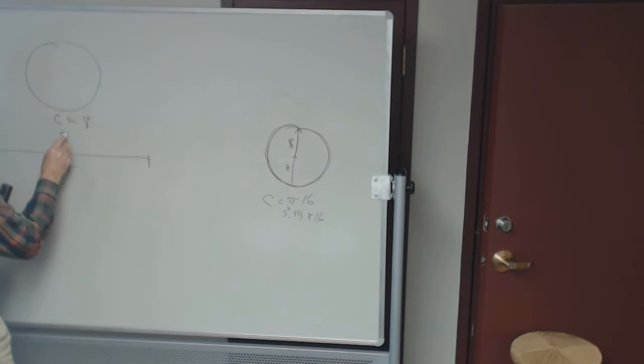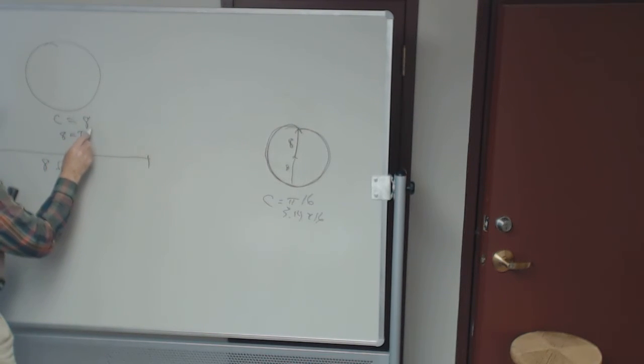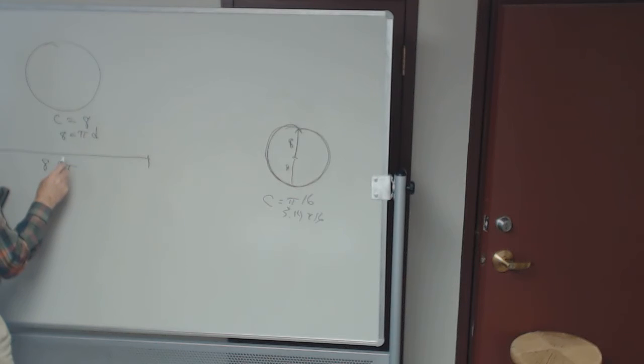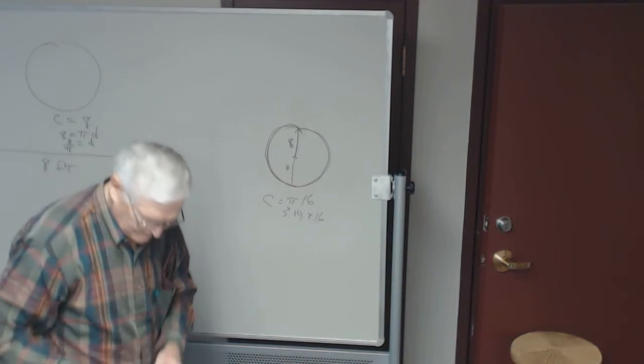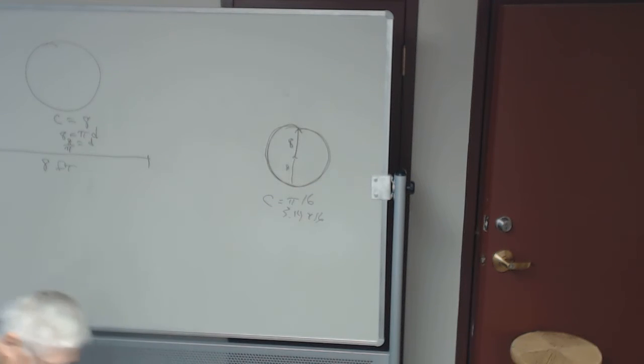And 8 equals pi times diameter. So the diameter is 8 divided by pi, or 8 divided by 3.14. Here it is, 2.5477.